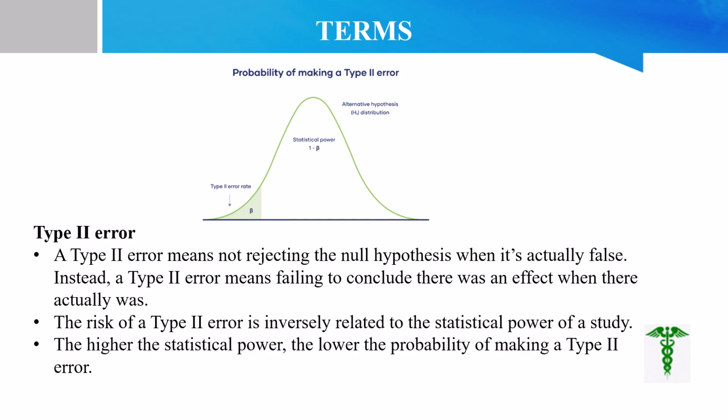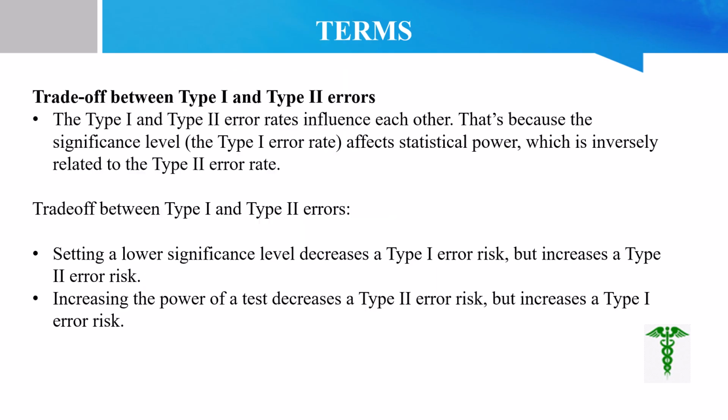Type 2 error is inversely related to the statistical power of our study: if the power is high, the probability of making a type 2 error is lower. Statistical power is equal to 1 minus beta.